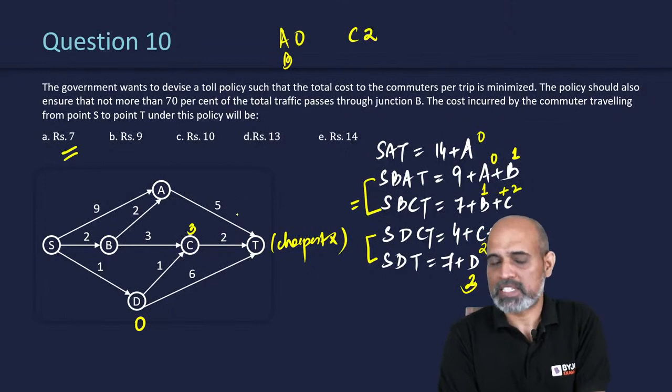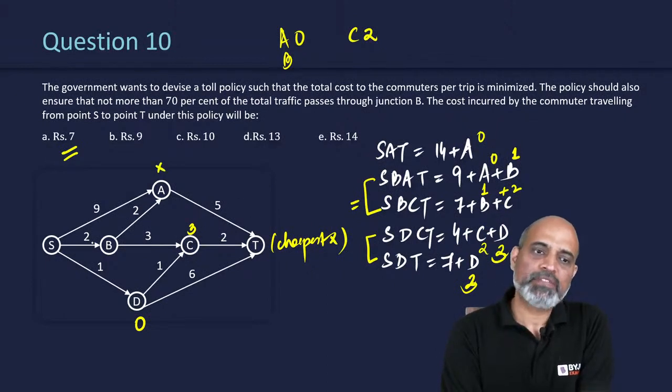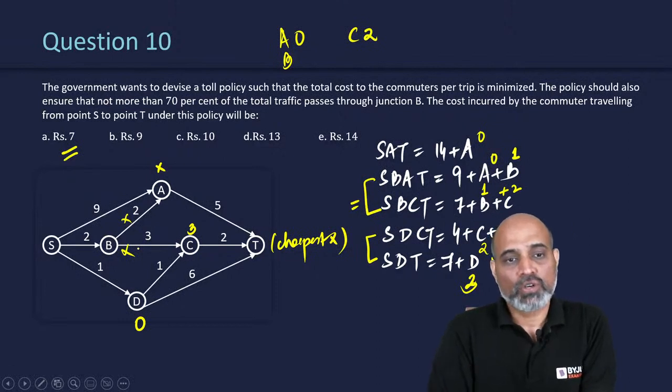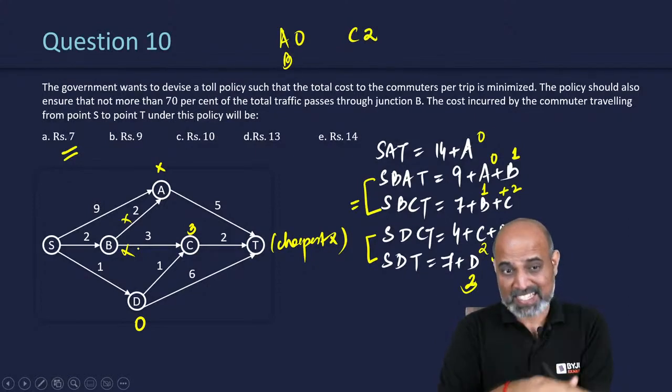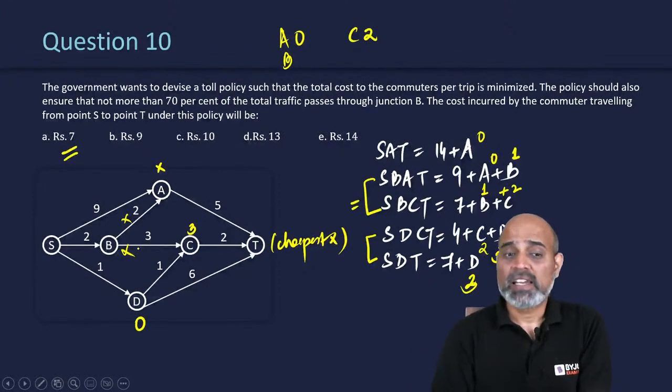This is also going to be 7. This can't be ever 7. So looks like everyone is going to follow SDCT or SDT. That tells us that nobody is going to go through B, right?